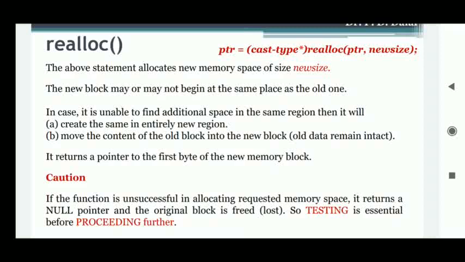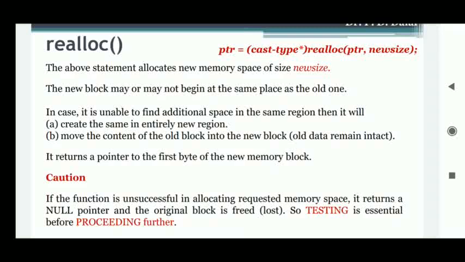So if the next 5 bytes that you are asking for are not available continuously, that means not 5 consecutive free bytes are available, then the compiler may decide to allocate the new 15 bytes somewhere else.